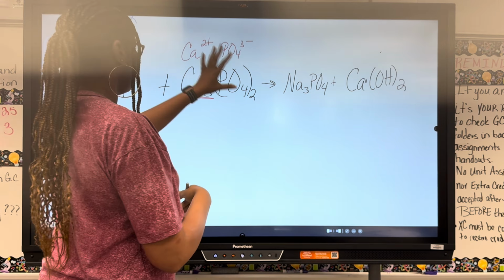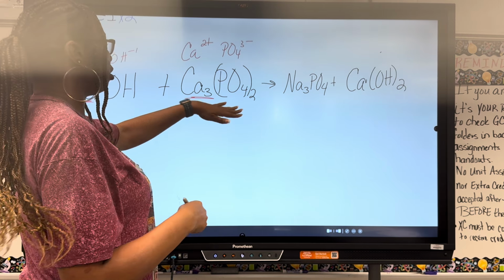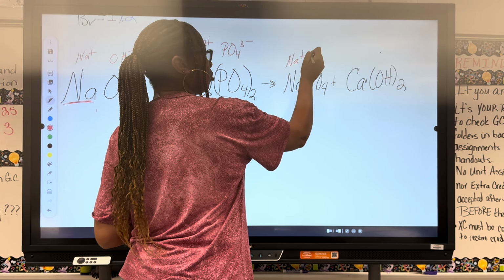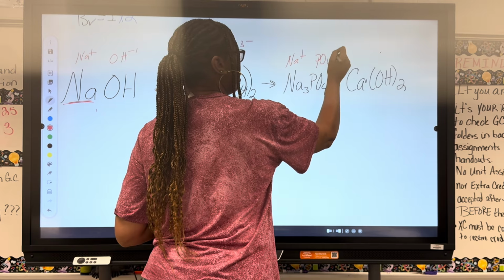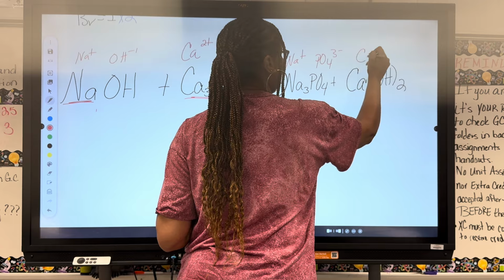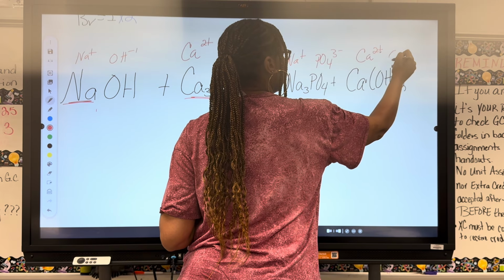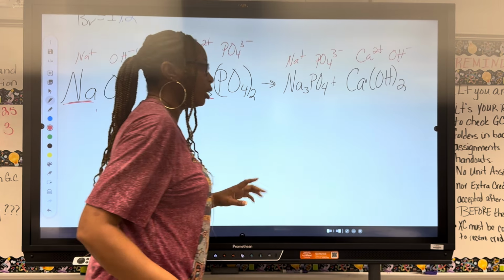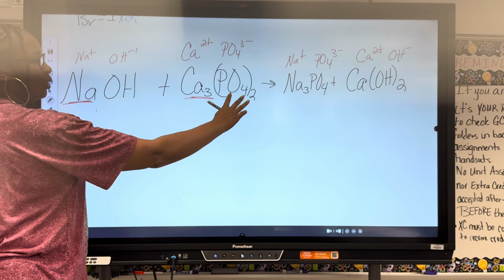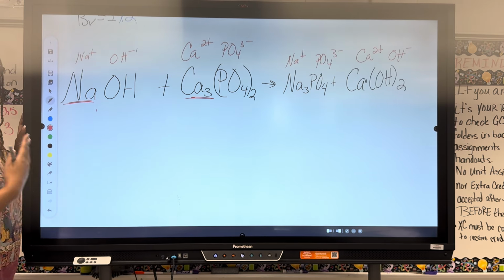And then again, the quantities over here don't dictate the quantities over here. So sodium +1, phosphate, PO4, 3 negative. So it was a swap and drop. Same thing here with calcium, 2 plus, hydroxide, -1. So the swap and drop. So just because there's two phosphates over here doesn't mean there's going to be two phosphates over there when you write the chemical formulas.